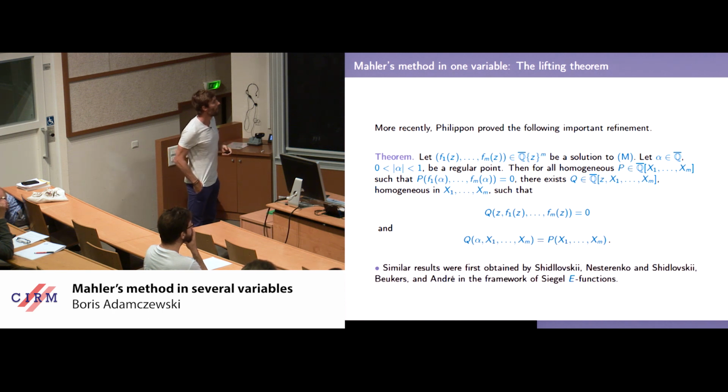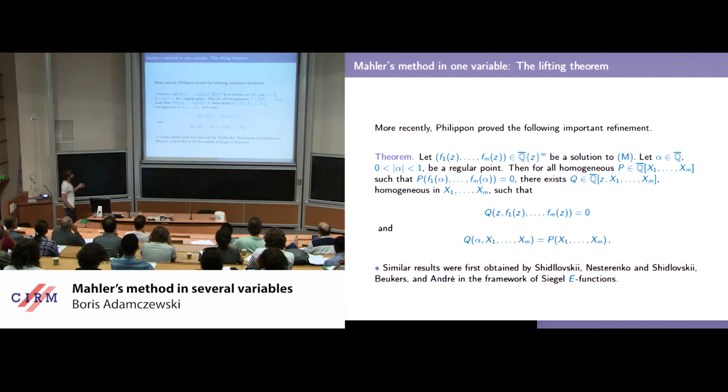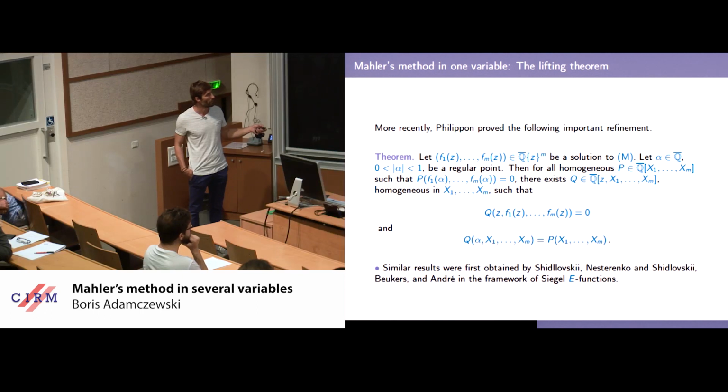I should also add that this result was motivated by previous results obtained in the context of Siegel E-functions by Nesterenko and Shidlovskii, and more recently Beukers and André. They obtained exactly the same result.